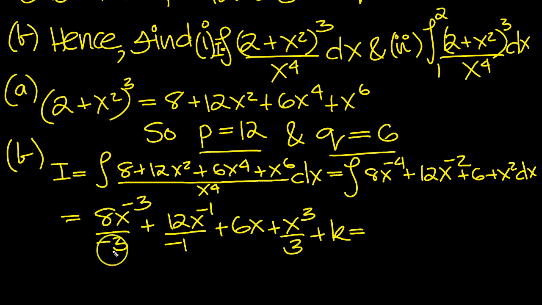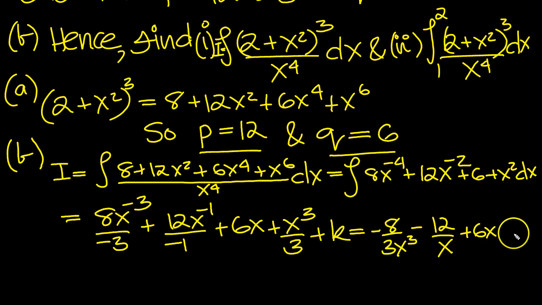Let's tidy it up. So we've got minus 8 over 3x cubed, minus 12 over x, plus 6x, plus x cubed over 3, plus a k at the end, which we can squeeze in there. So there's the answer then.